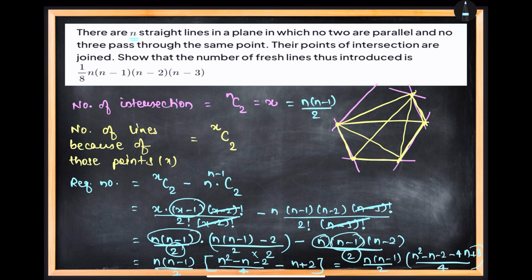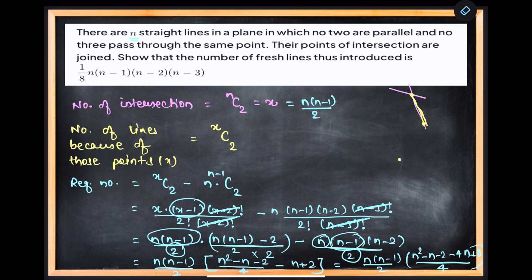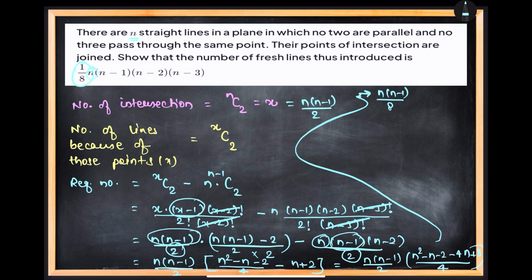Let's simplify a little bit more, and now I think you will get the result. So n minus 1 by 8, we got this thing, and this thing.